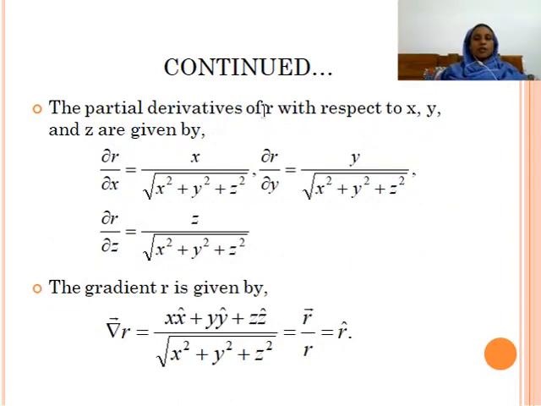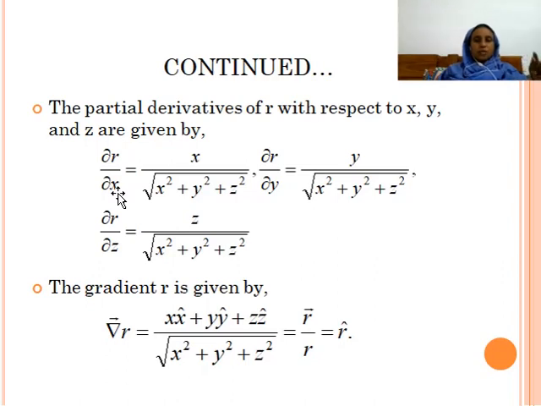Now you can find its partial derivatives, dou r by dou x. How to find a partial derivative? You have to take all other variables as constant. In the case of r, which is root of x square plus y square plus z square, to take dou r by dou x, treat y square and z square as constants.